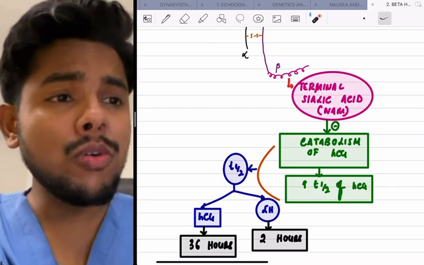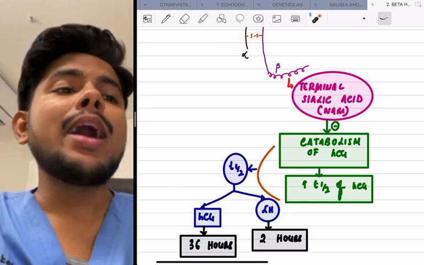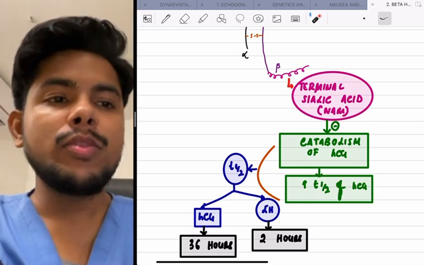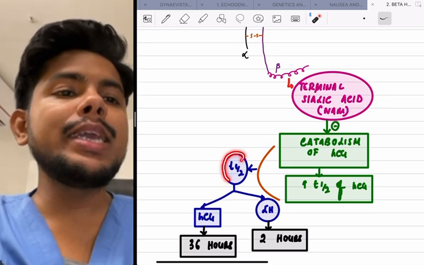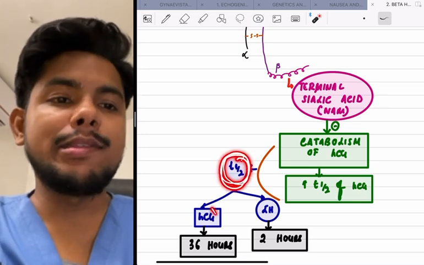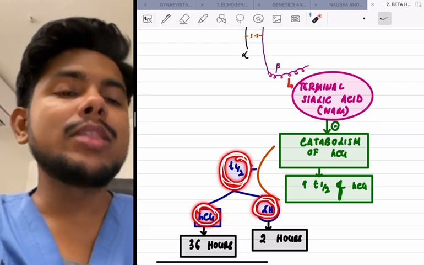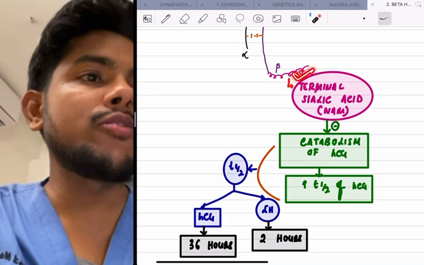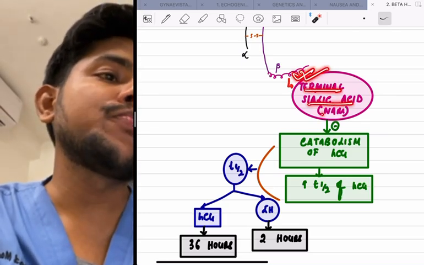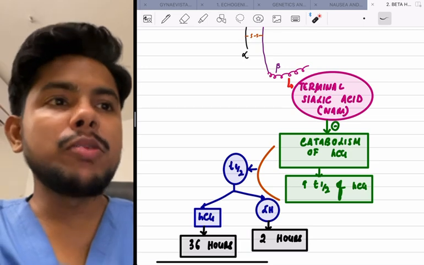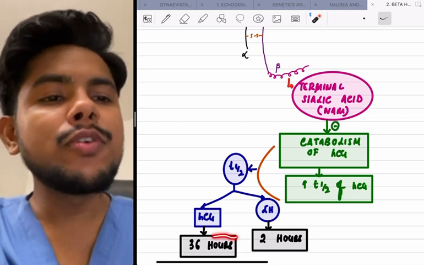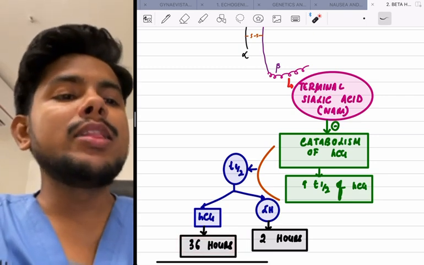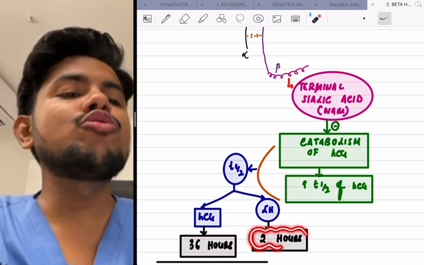Okay, so despite having an enormous similarity in the structure, if you notice the T half, which is the half-life of hCG and LH, they are significantly different just because of this particular component, which is terminal sialic acid. Because of this, the half-life of the hCG is approximately 36 hours, and the half-life of LH is approximately 2 hours.